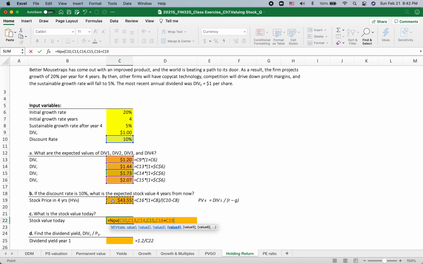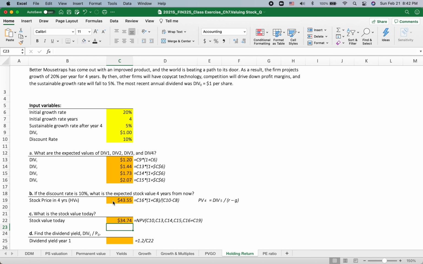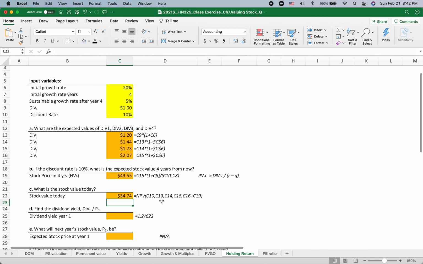After year 4, in year 5, 6, 7, forever, all the dividends grow with the 5% sustainable growth rate, discounted by the 10% at the end of year 4. Then we get the terminal value or horizon value. So this is also a cash flow, but it should be discounted by 1 plus the discount rate 10% to the power of 4 once again. So we got it. The stock value today, discounting all the future cash flows, is 34.74.